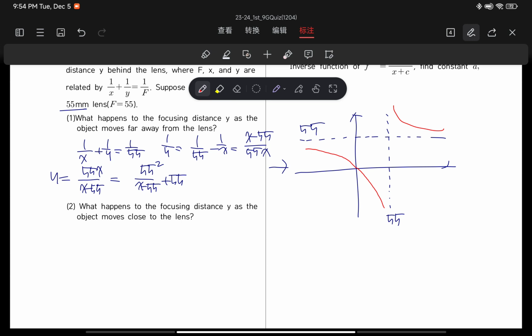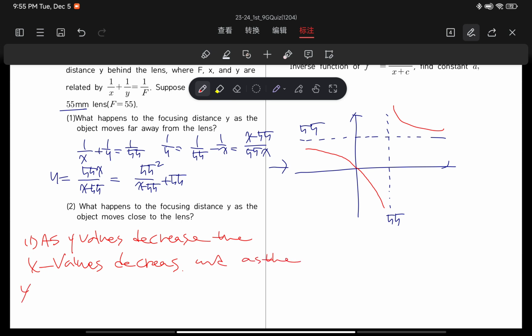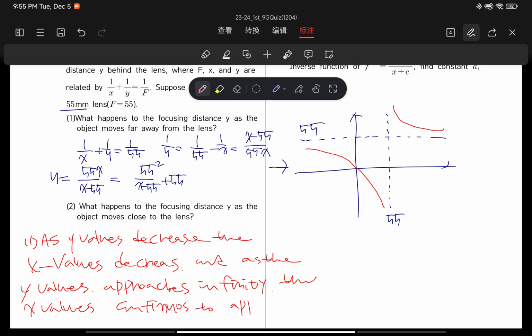As the y value is increasing, the x value is decreasing, and as the y value approaches infinity, infinity means a really large number, the x value continues to approach 55.